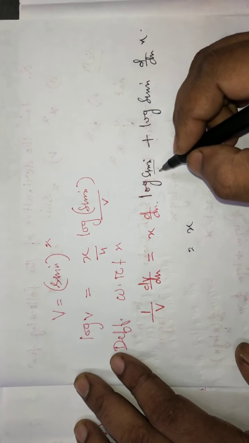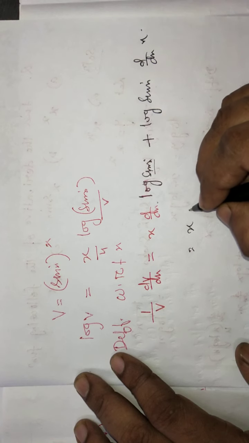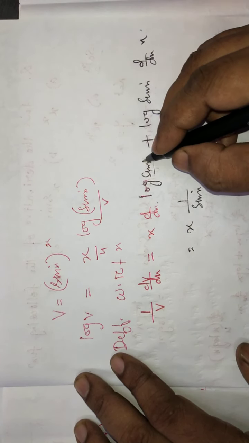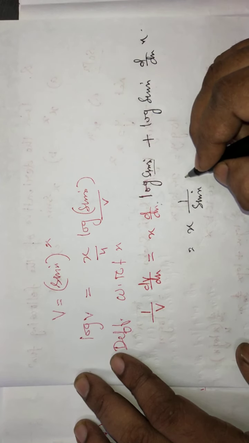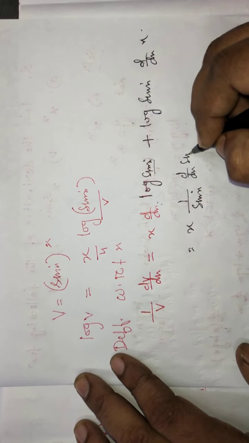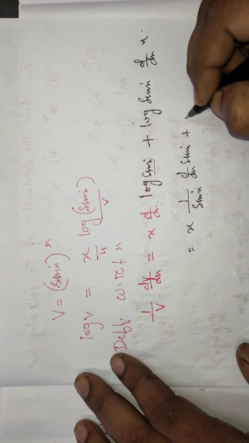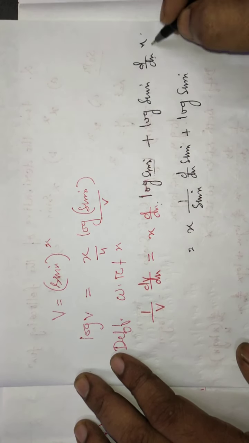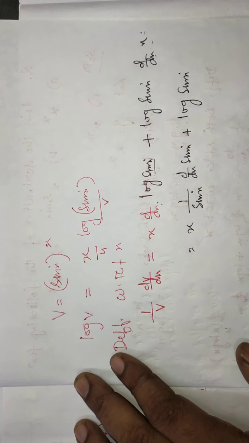Then x into d/dx of log sin x. If you consider this is your x, log sin x का derivative क्या होगा? 1 by sin x. But since sin x is other than x, by chain rule again d/dx of sin x, and d/dx of x is what? 1 into this.